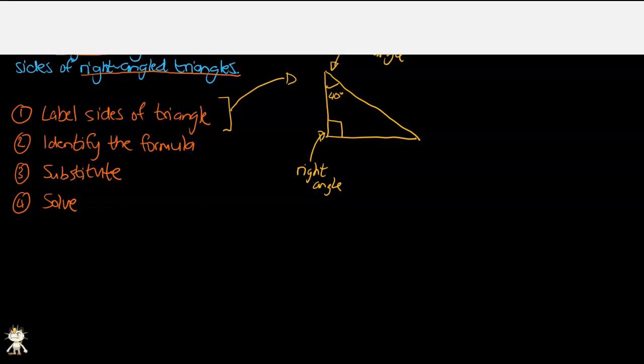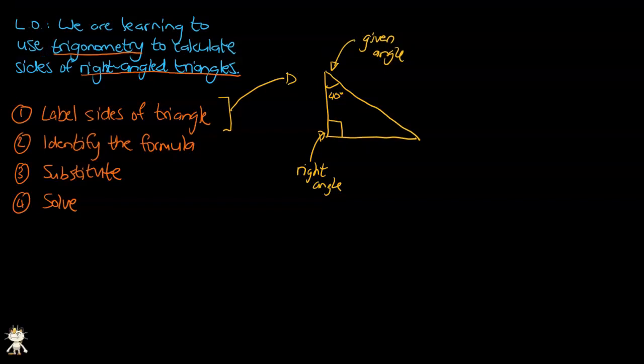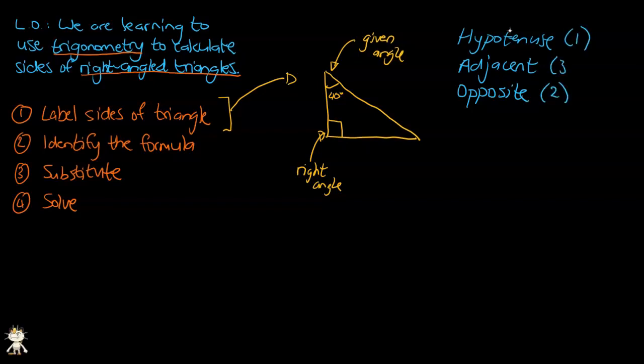So let's change pen colors. Based on those angles there, we need to know when is something the hypotenuse, when is something the adjacent, and when is something the opposite. I normally identify the hypotenuse first, the opposite second, and then the adjacent third, but we need to know each of those.